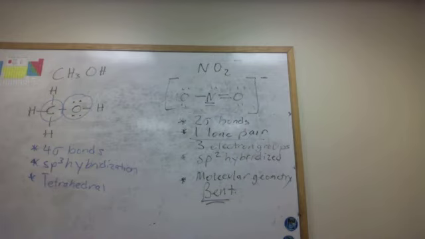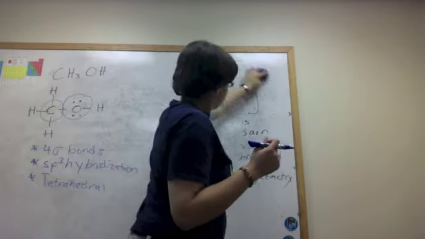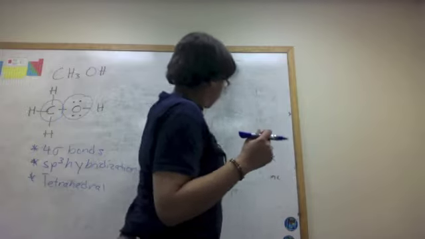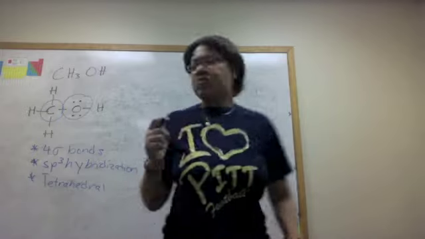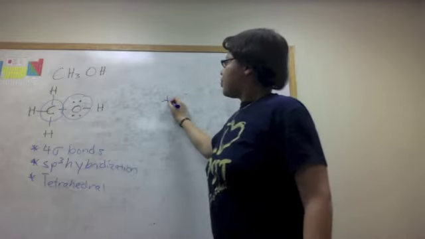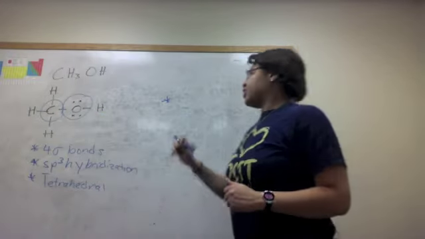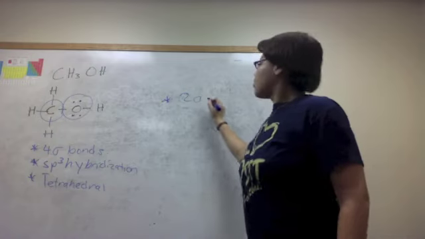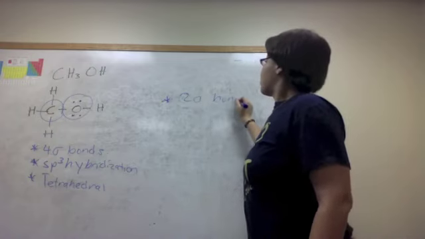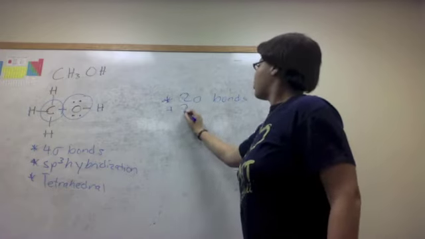We can also describe a molecular geometry around the oxygen atom. Oxygen is participating in 2 sigma bonds. But it also has 2 lone pairs.